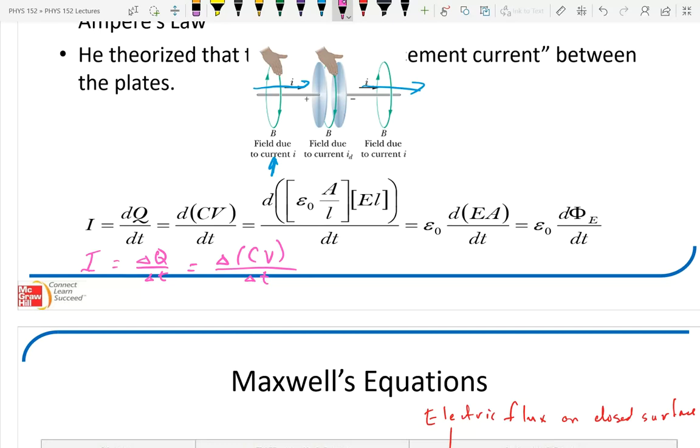But then for a capacitor, I can put in my physical capacitance, which is epsilon 0 A over L. And then the voltage, if I have parallel capacitor plates, the voltage difference between the plates, we've already learned V is equal to Ed, is the way I said it in class. If you have a uniform electric field, the voltage is the electric field multiplied by the separation, the distance parallel. So replacing voltage with E times the separation of the plates.